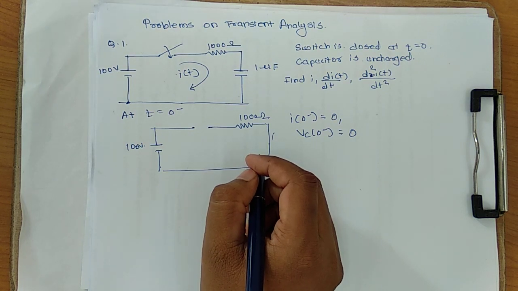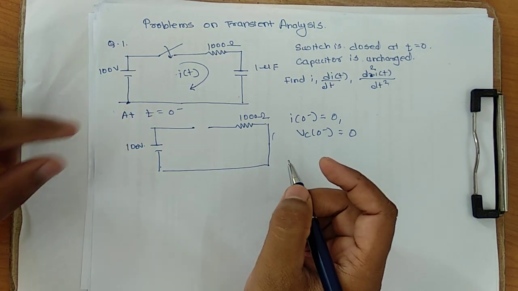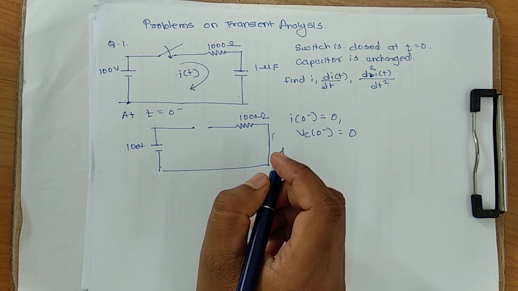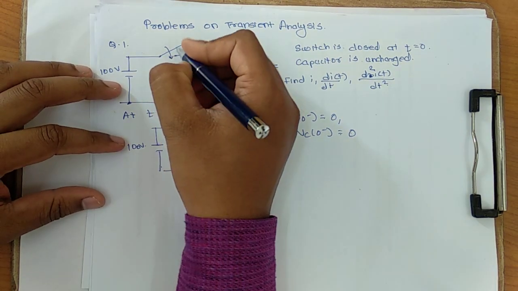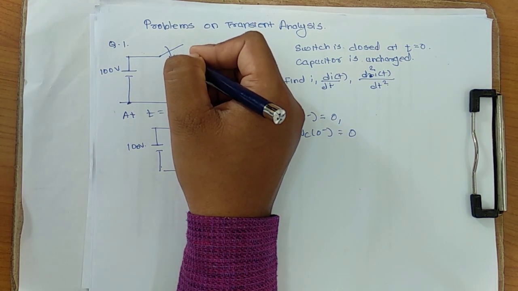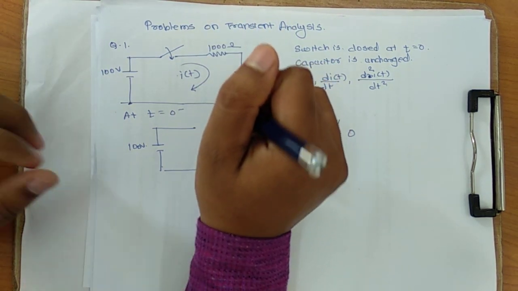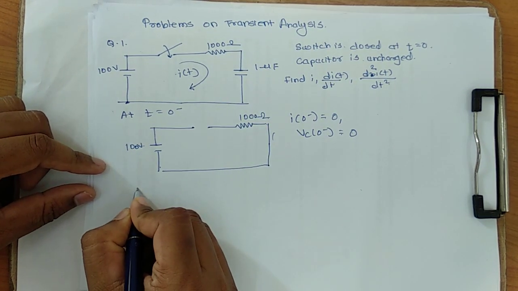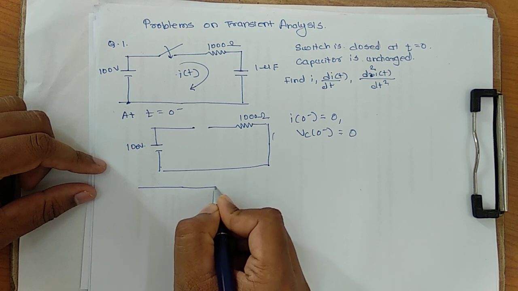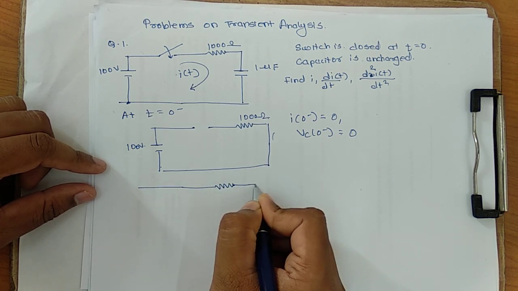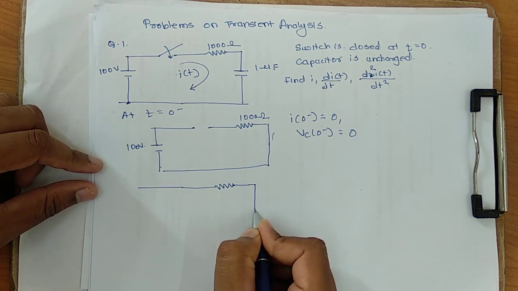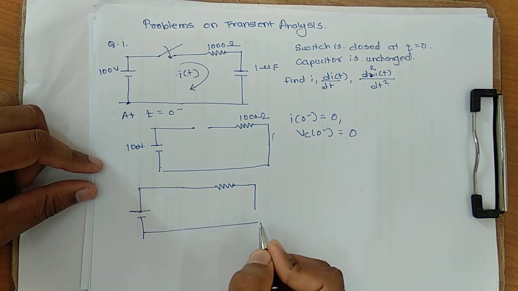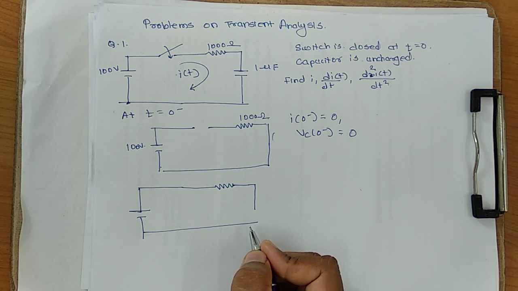Now we have to calculate at 0 plus. At 0 plus, please understand this condition. What is meant by 0 plus? When suddenly the switch is turned on, at that moment how the circuit parameters will behave, that you have to tell. So when suddenly I switch on, there is the resistor, and what will happen with the capacitor?